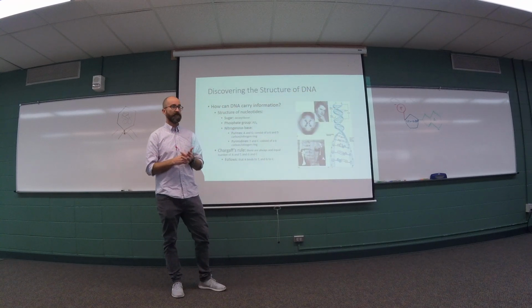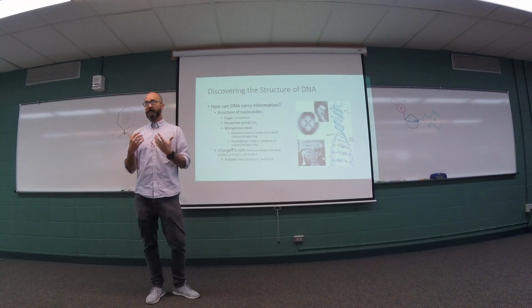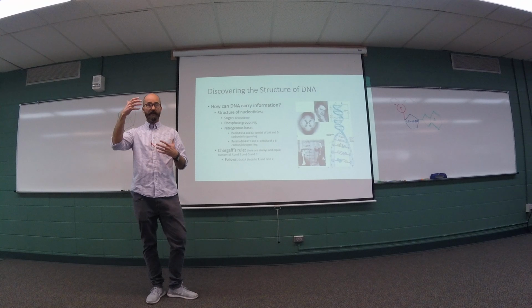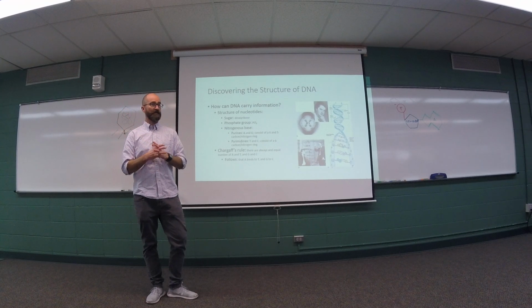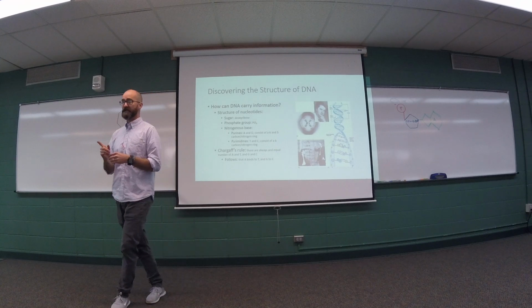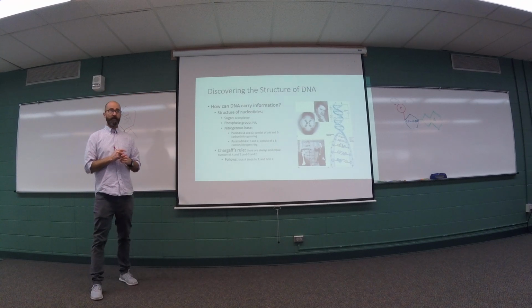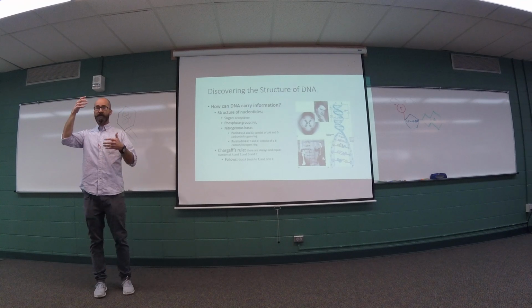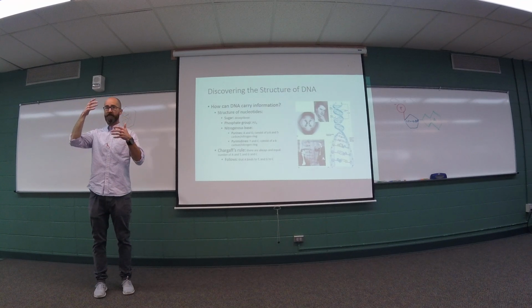Now, the relative proportion of A's, T's, G's, and C's, if it was a random assemblage, you would expect some equity in the number of A's, T's, G's, and C's, but there isn't. Within some species, there are going to be relatively more G's and C's. And one of the reasons for that is the bonds between G's and C's are much more stable than the bonds between A's and T's. Please remember that complementary strands are held together by hydrogen bonds.